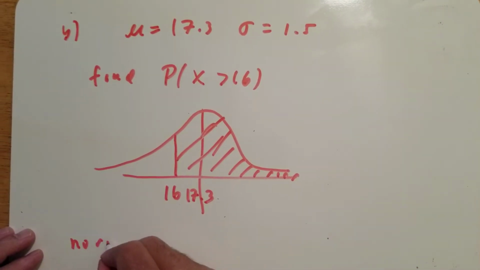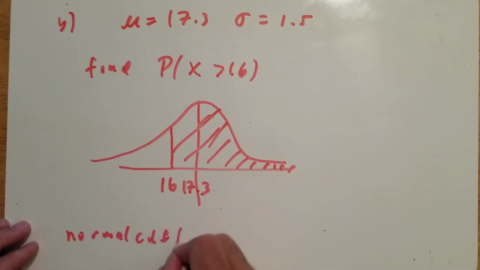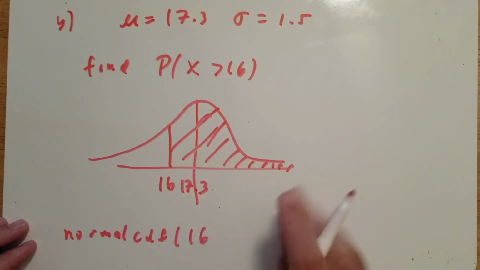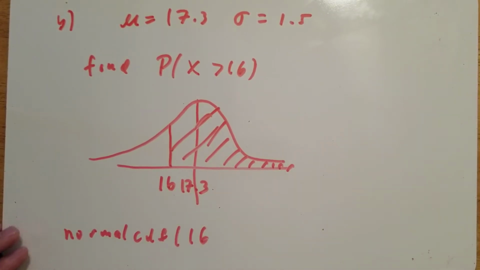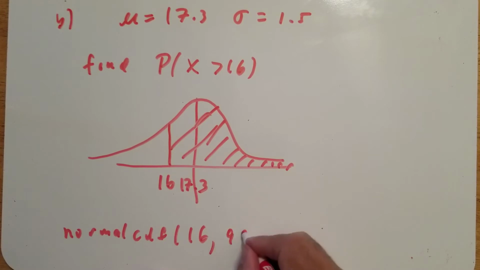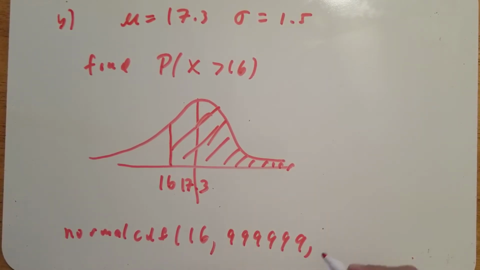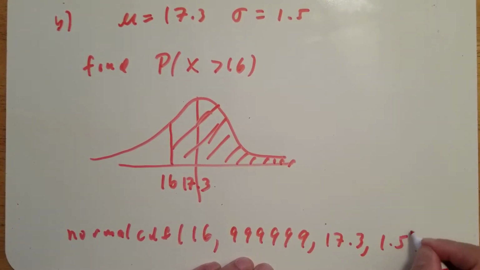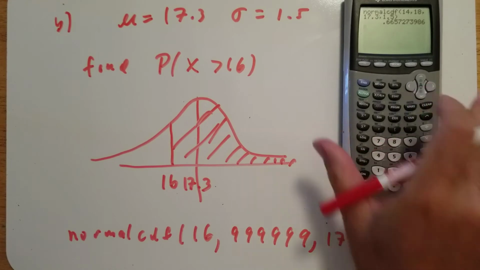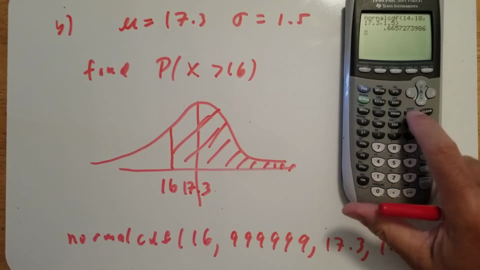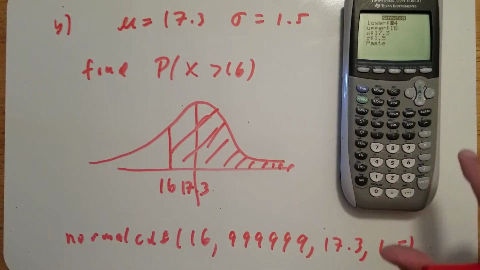And on the calculator, normal CDF, the low x is 16. It goes on forever and ever in the positive direction, so I'm going to enter 999999, 6 nines. And then the mean, 17.3, and the standard deviation, 1.5.